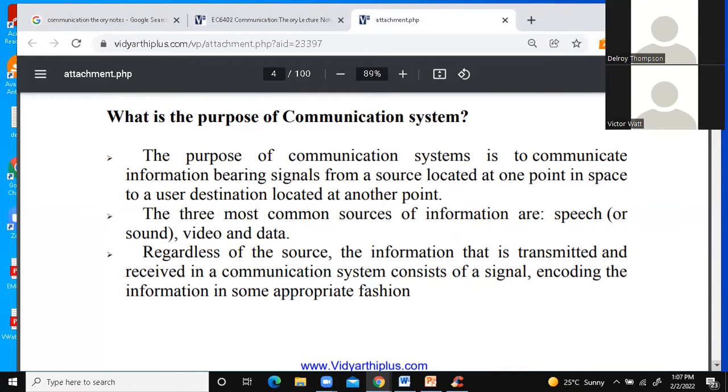there is a signal, whether it is sound, video, or data. And that source is being carried by a system called a communication system.